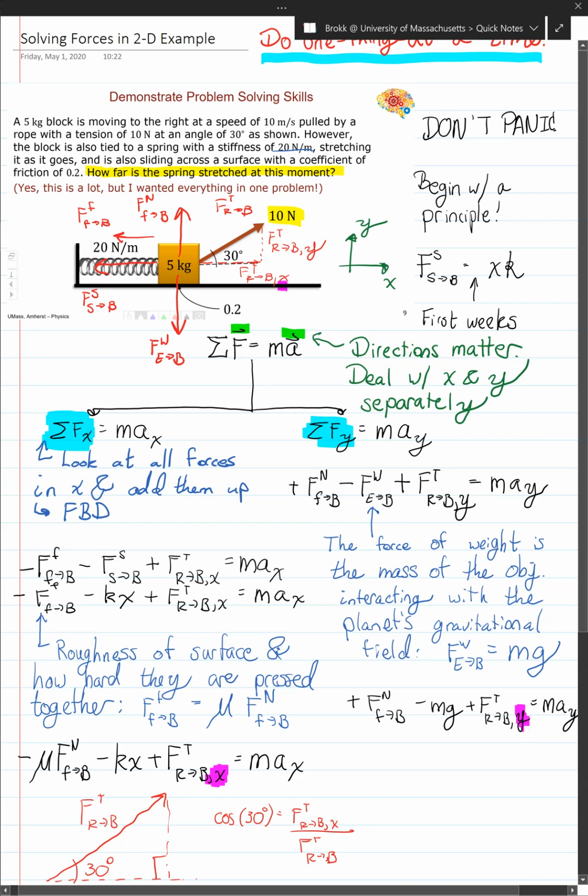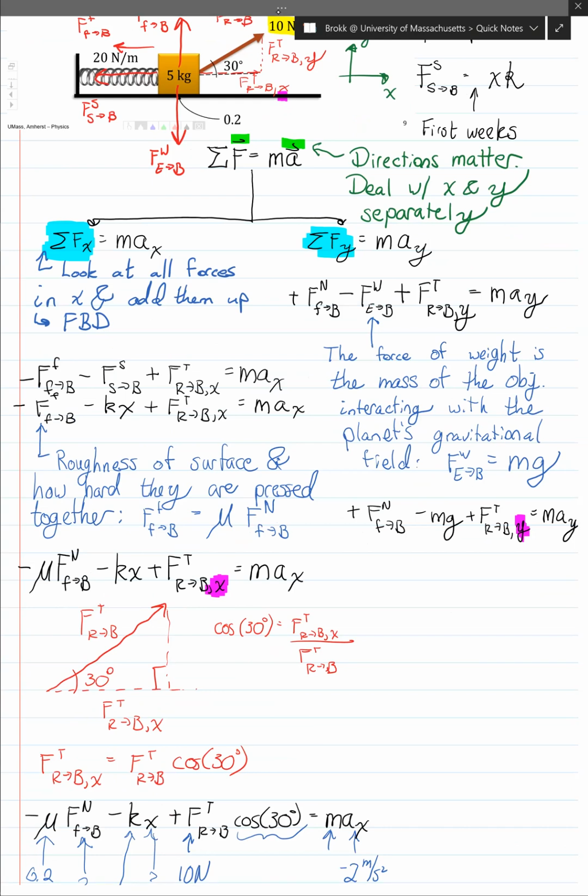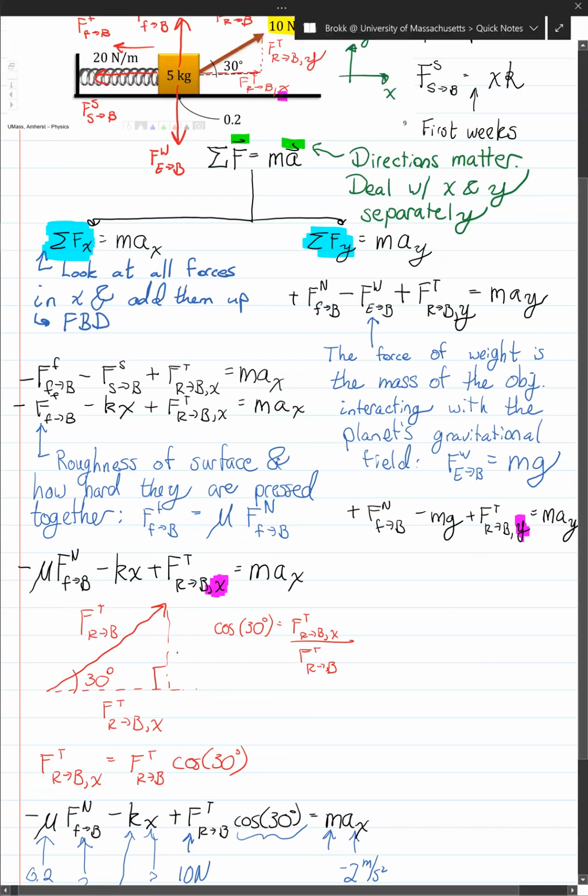What is the y component of the force? Well, we can use our same triangle as before.